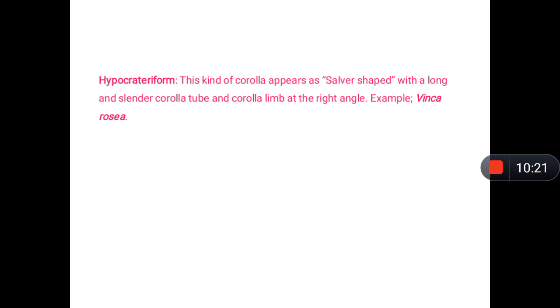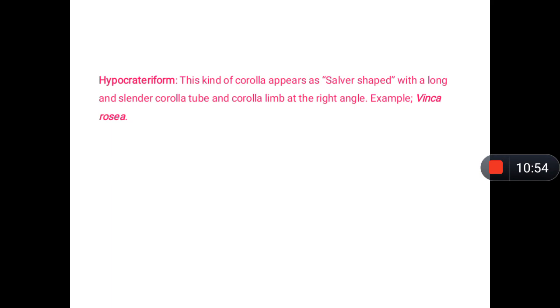Example is Vinca rosea, which is actually called Sadafuli. Here the characteristic is that the corolla appears like a long, slender, narrow tube, but the limbs are at right angles to the corolla tube. So this is the example of the hypocrateriform type of gamopetalous regular form of corolla.